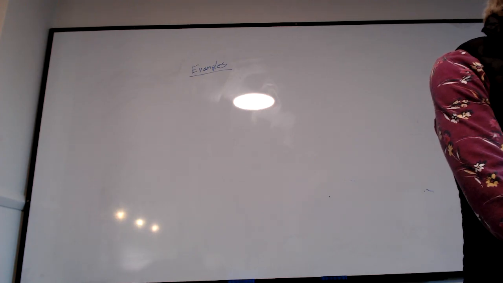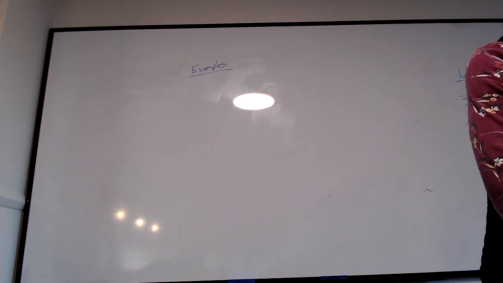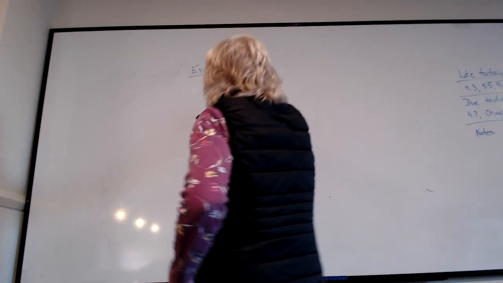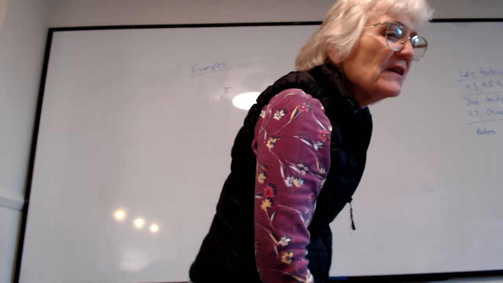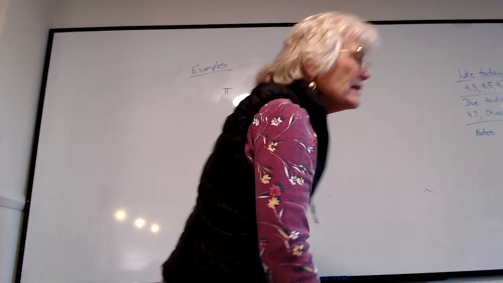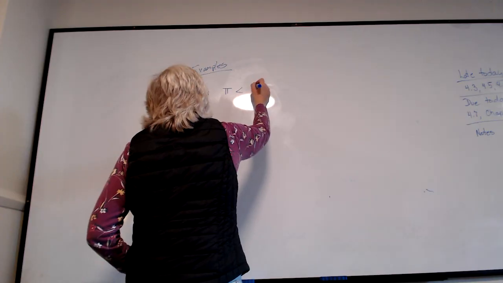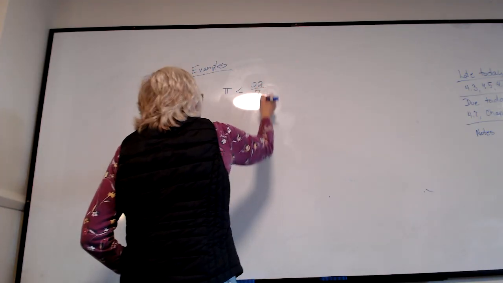Let's start with 8. It says pi is less than 22 sevenths.